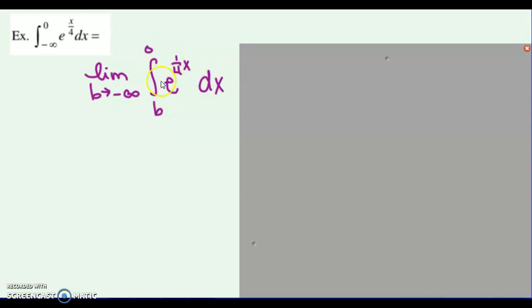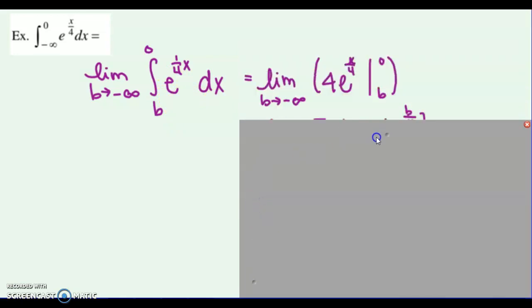The integral of an e to the x power is e to the x unless there's a chain rule component. So if we're dividing by that power, dividing by 1/4, it becomes 4 times e to the x over 4. And we're evaluating that from b to 0.